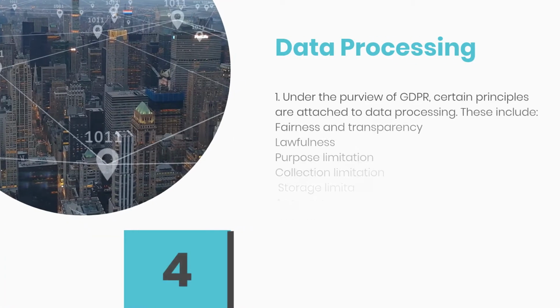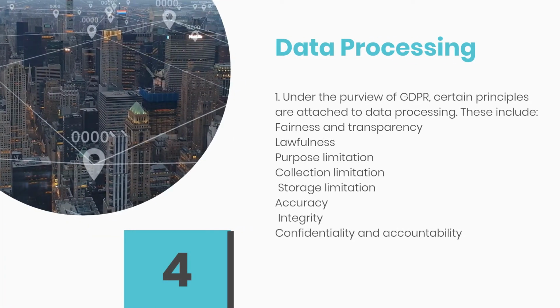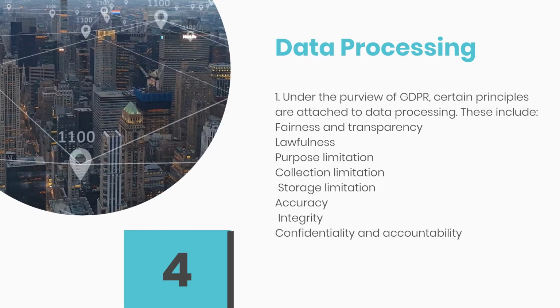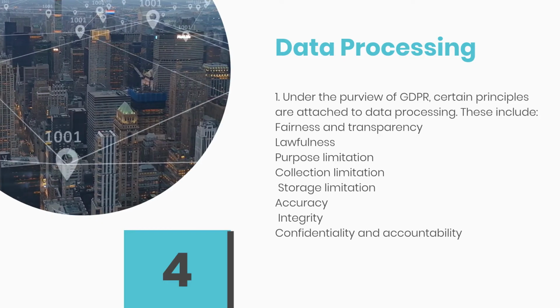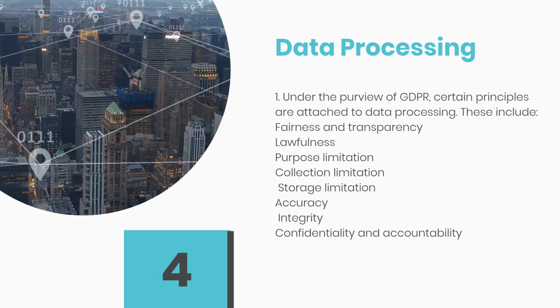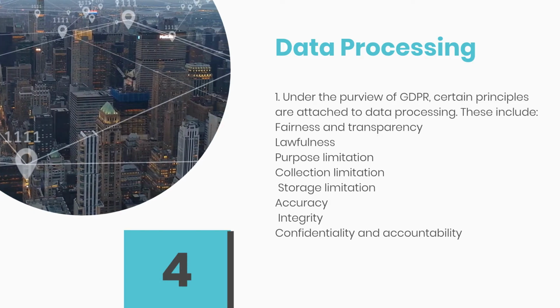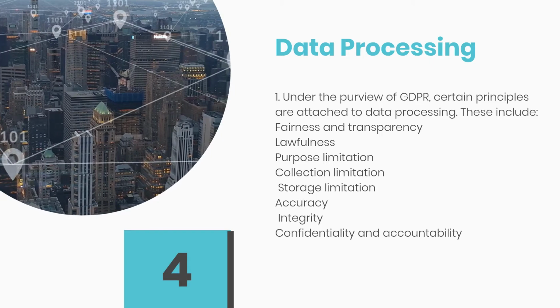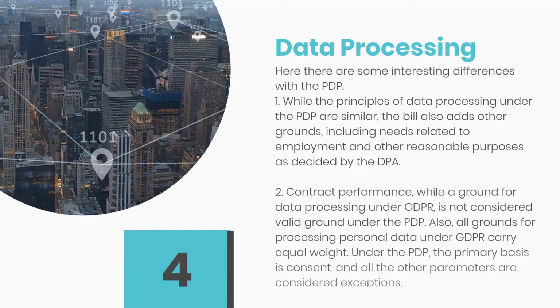Data processing. Under the purview of GDPR, certain principles are attached to data processing. These include fairness and transparency, lawfulness, purpose limitation, collection limitation, storage limitation, accuracy, integrity, confidentiality, and accountability. Here there are some interesting differences with the PDP.